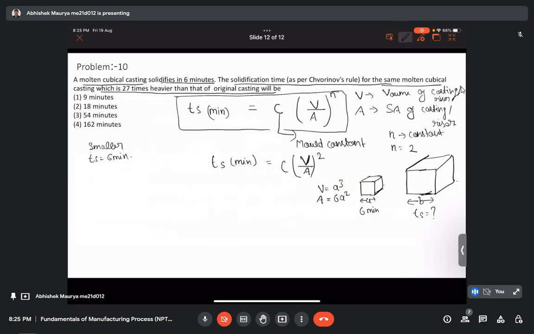Basically it has 6 sides, and the area of each side is a square, so the total surface area for all 6 sides will be 6a square. But what else do we need? C, but C is not given. So let's take C as C itself, and we try to put all the values in this equation.